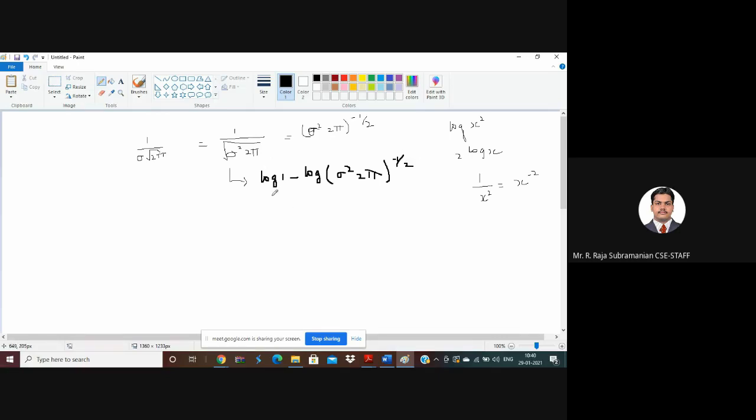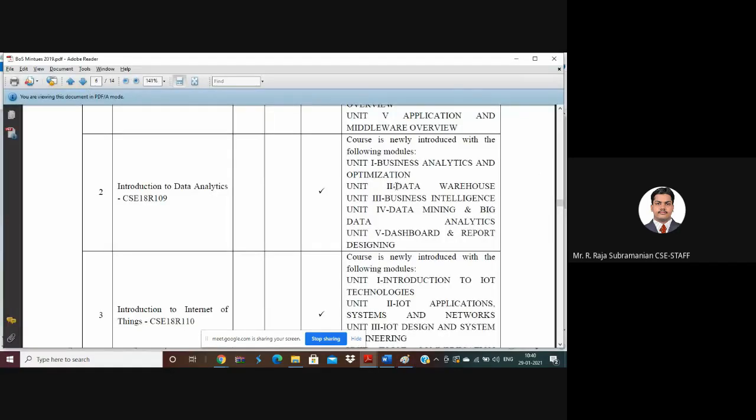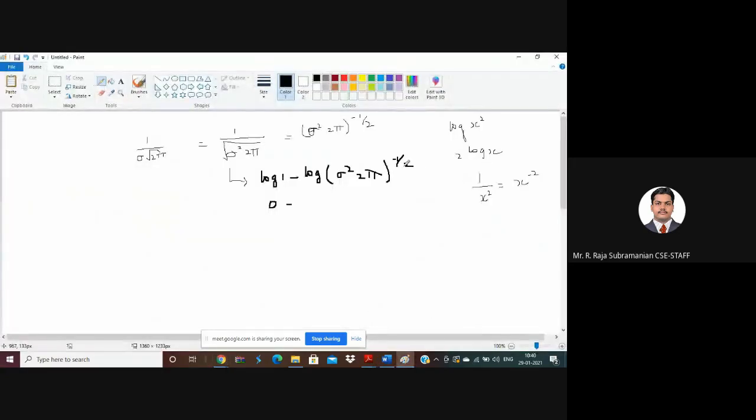Log 1 is 0. And now say how I should write this minus 1 by 2, which is in the exponent. You said log of x squared should be written as 2 log x, right? So how to write this log of sigma squared 2 pi whole power minus 1 by 2?